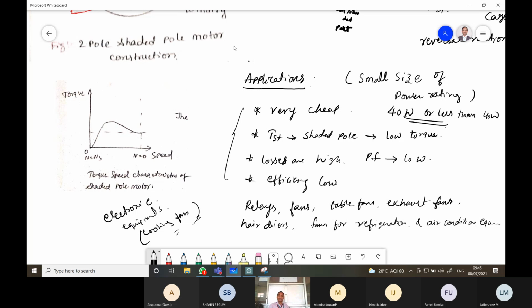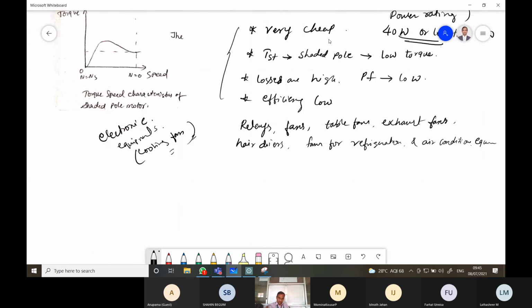They are also used in record players and tape recorders. Nowadays tape recorders are not used because we have CDs and pen drives. Technology has improved. They are also used in slide projectors and photocopying machines.